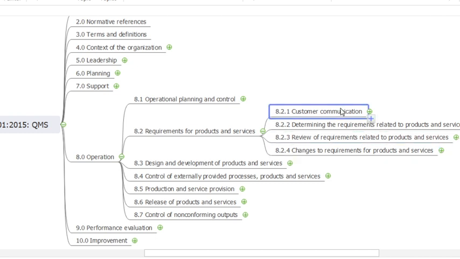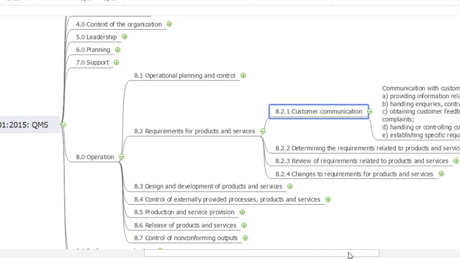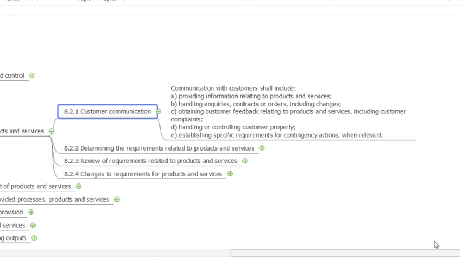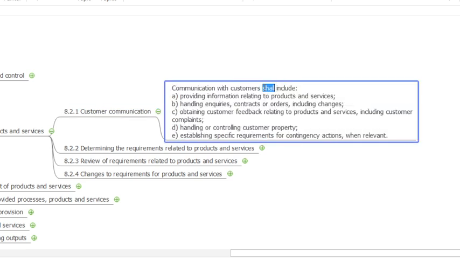Customer communication, 8.2.1. Here we just take one example. Communication with the customer shall include providing the information related to products, which product we are delivering, that we must tell to the customer.